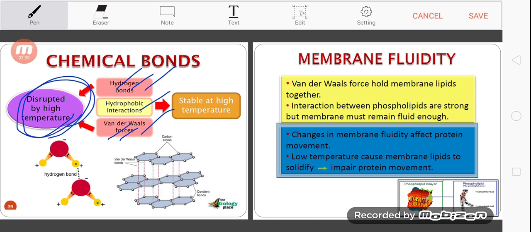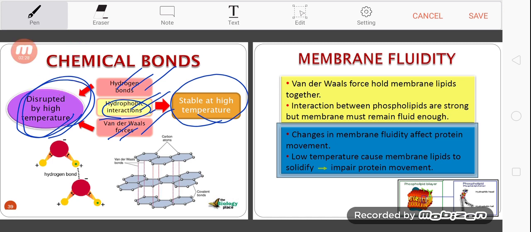Hydrophobic interaction is stable at high temperature, but low temperature might break or alter it.